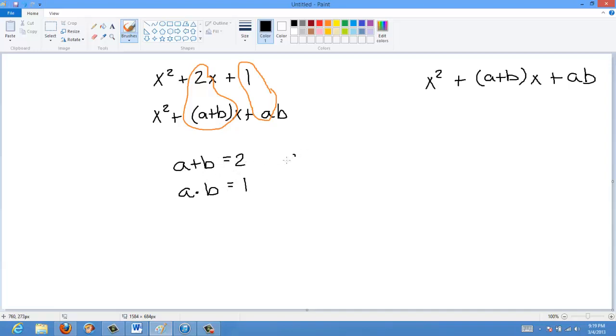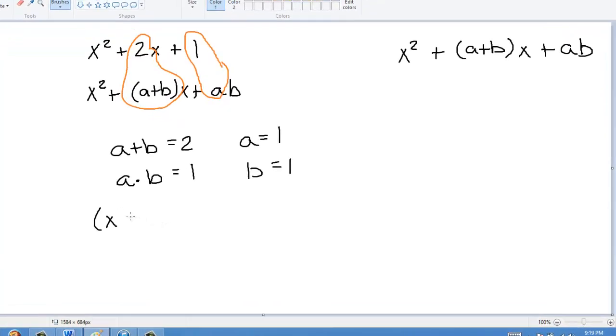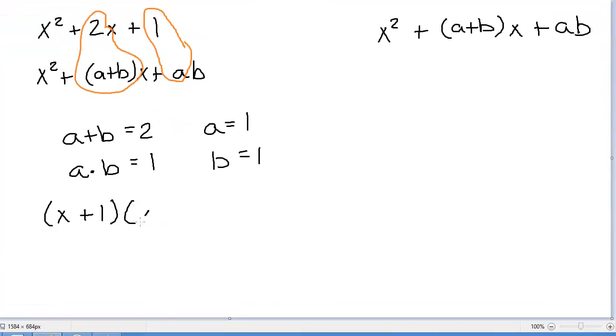We can find that a is equal to 1 and b is also equal to 1. That means the solution, in the same general form, is (x + 1) and (x + 1).